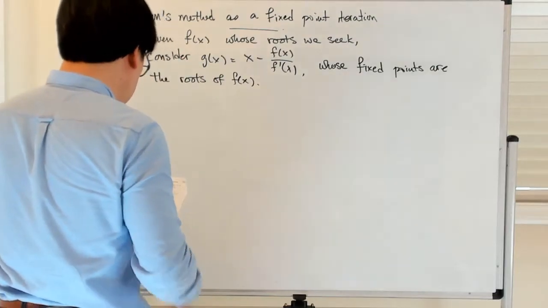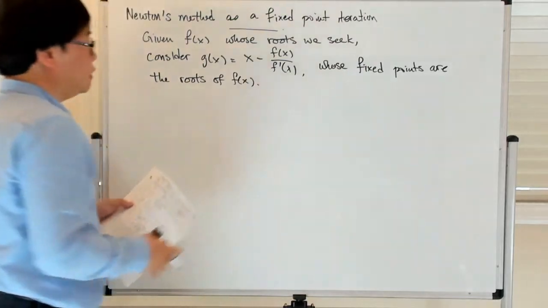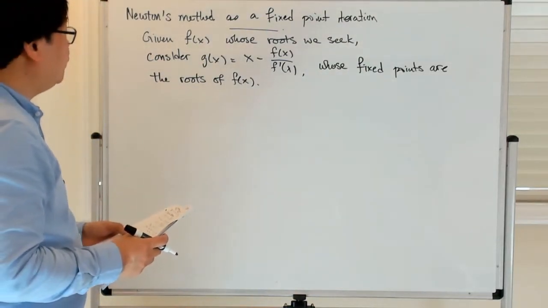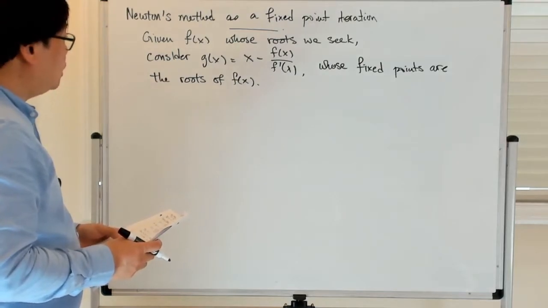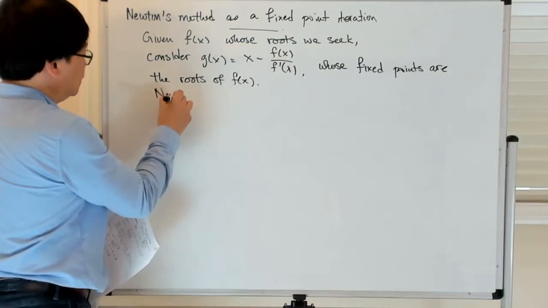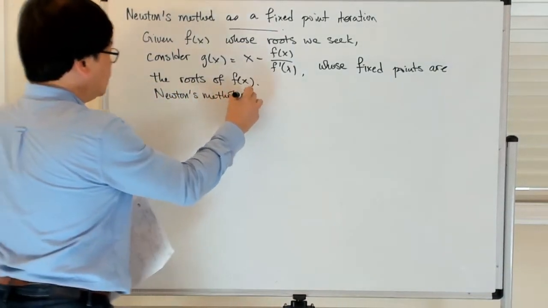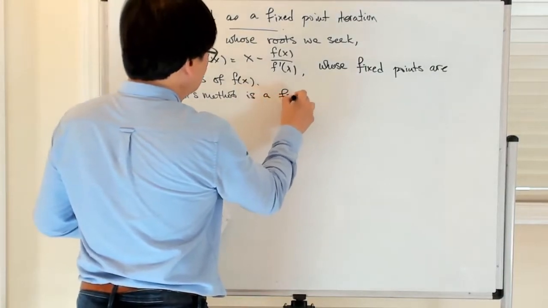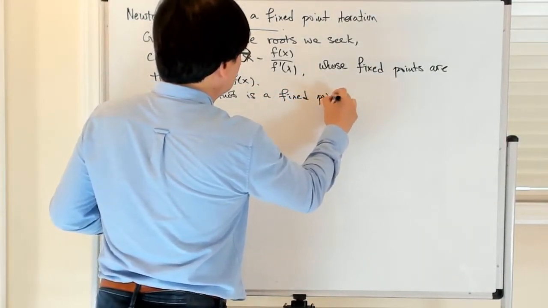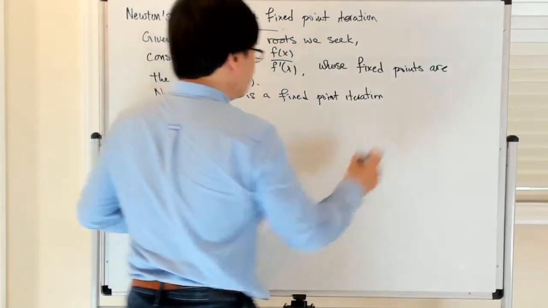All right. Then, if you recall, when we talk about the convergence properties of the fixed point iteration, I should say that Newton's method is a fixed point iteration for this function g of x.